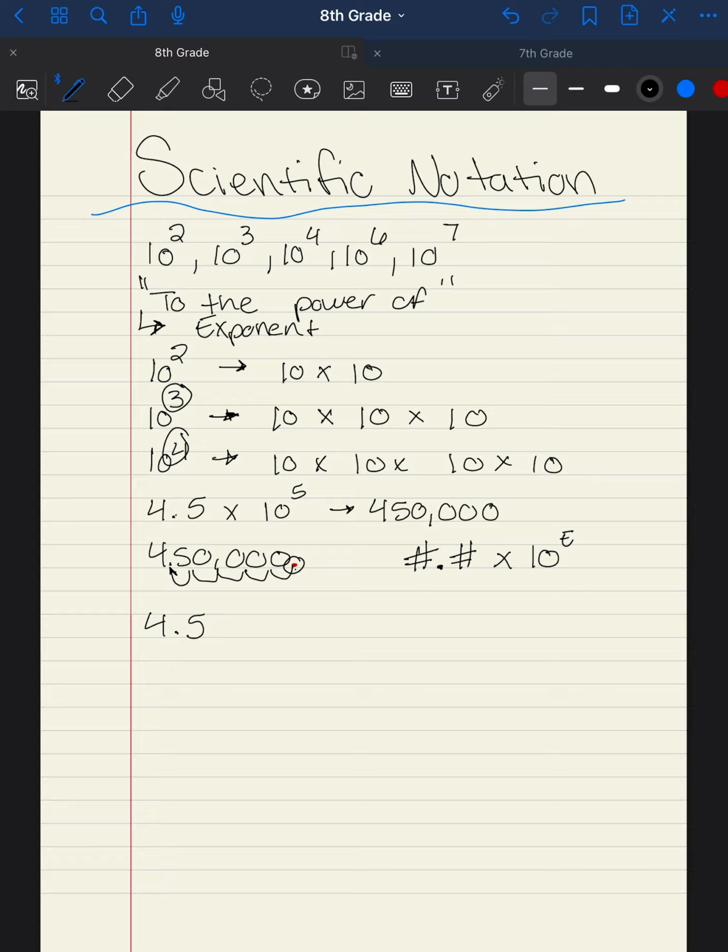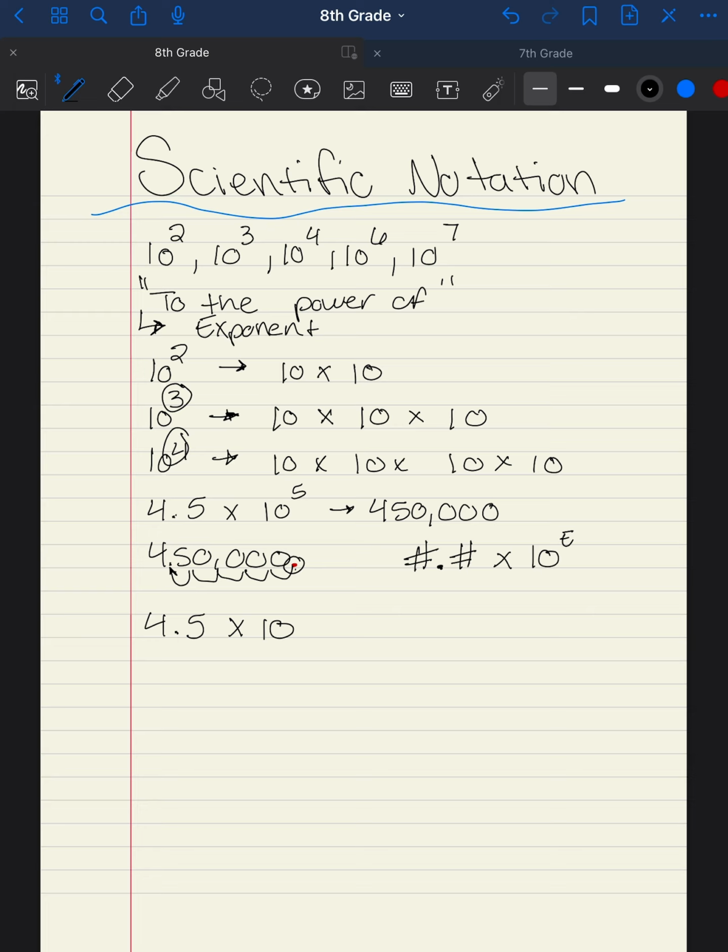Now, with scientific notation, this always stays the same. This right here. Now, the exponent will change, but the times 10 will stay the same every single time. Now, with that being said, let me put my times 10. Now, I need to figure out my exponent. Where would I get an exponent from? Well, I'll tell you.